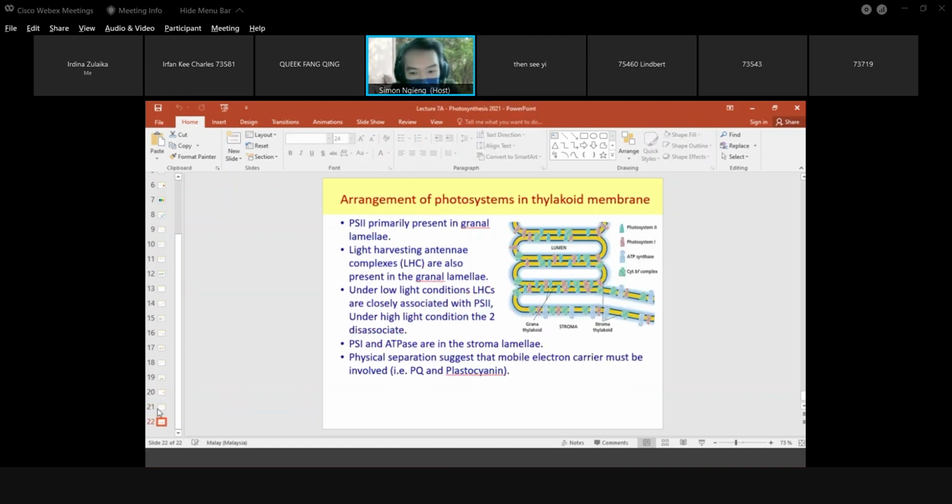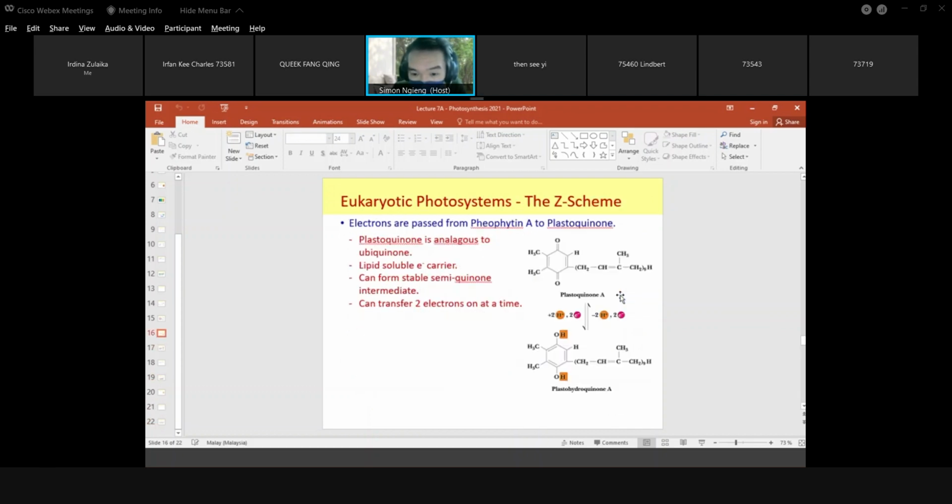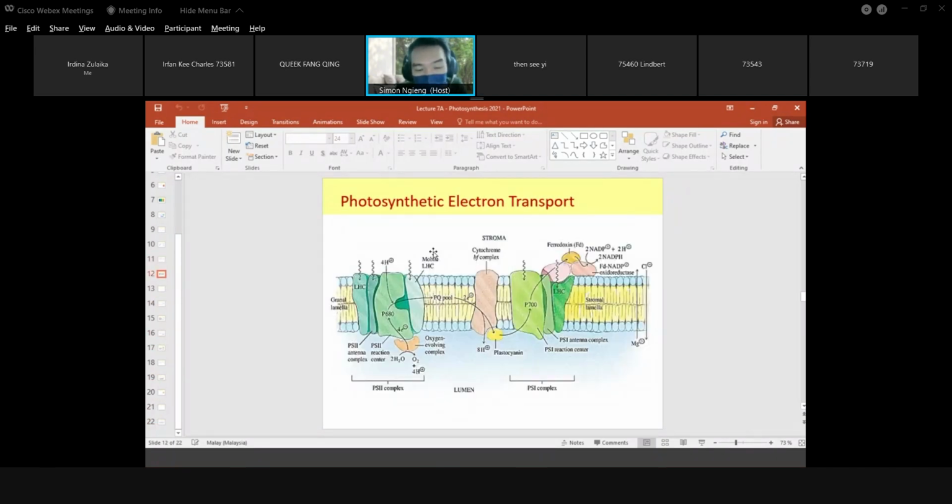And this last one here basically tells you that you have photosystems. Now it is best to explain using this one. In most textbooks or figures, if you Google, you will find a lot of pictures like this, where you see photosystem 2 on the left, followed by photosystem 1. In actual fact, your membrane is fluid.